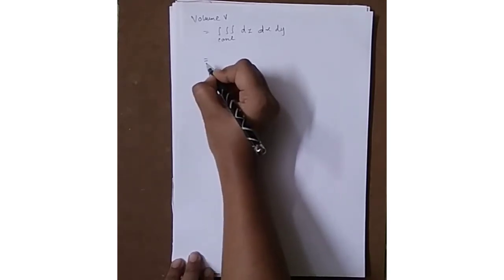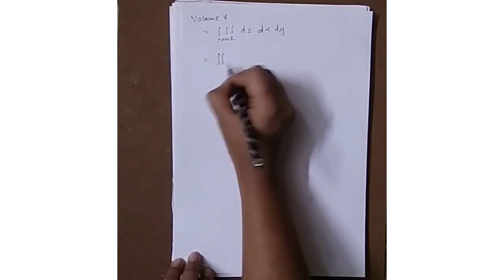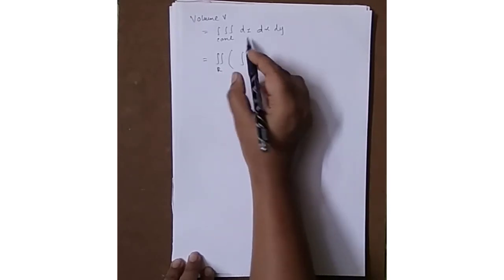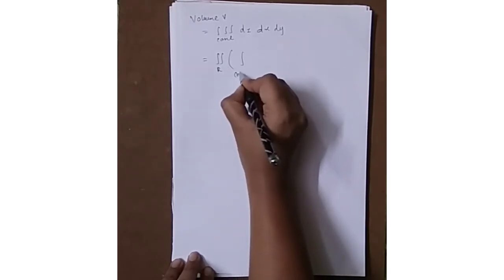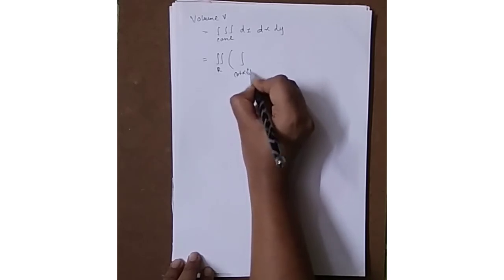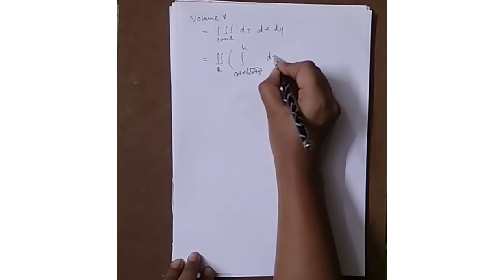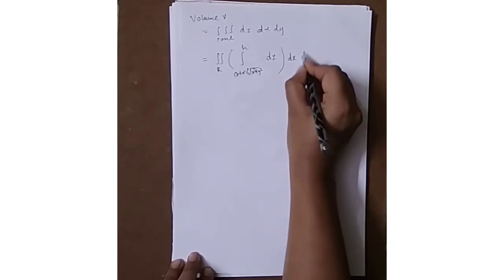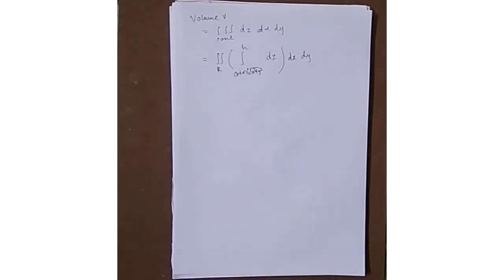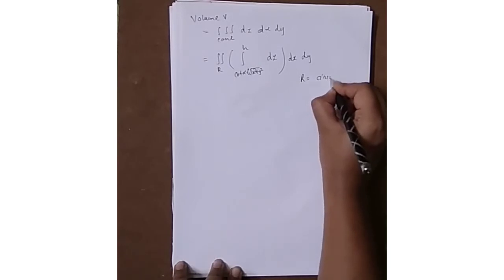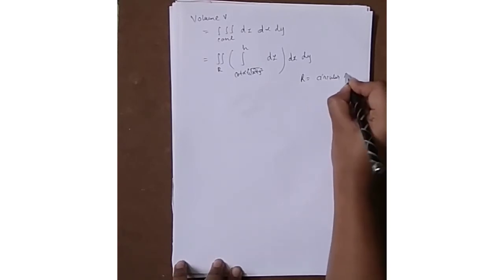So it is equal to the double integration over the region R. I am putting the limit of z, that is cot alpha into square root of x square plus y square to h, dz and dx dy. Here my region R is what? The circular region. So R is a circular region.